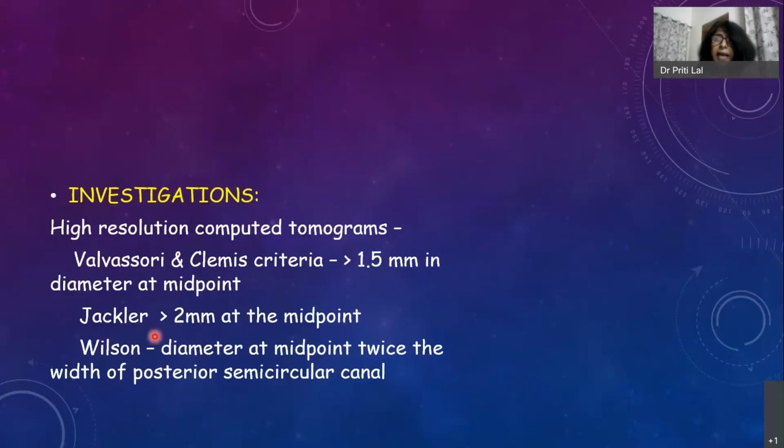Jackler said that a diameter of more than 2 millimeters at the midpoint qualifies. Wilson said that a diameter at midpoint twice the width of the posterior semicircular canal would qualify. But it is the Valvassori and Clemis criteria which are widely used.